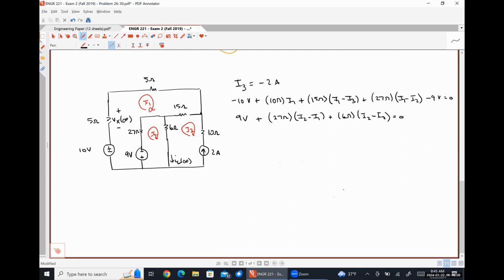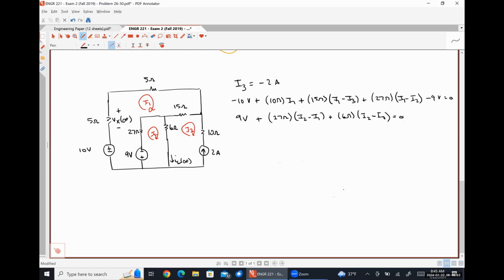Constant term, positive 19. In my third equation, my coefficient for I1 is negative 27. My coefficient for I2 is 27 plus 6, which is 33. And my coefficient for I3 is negative 6. Constant term is negative 9.